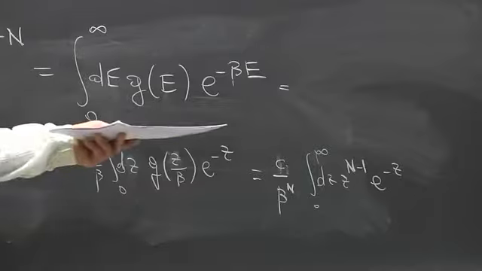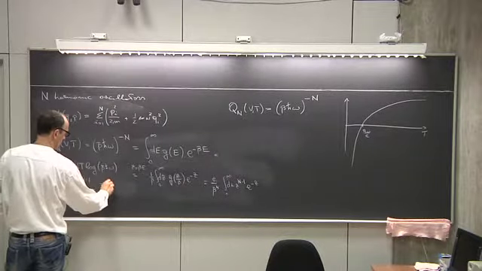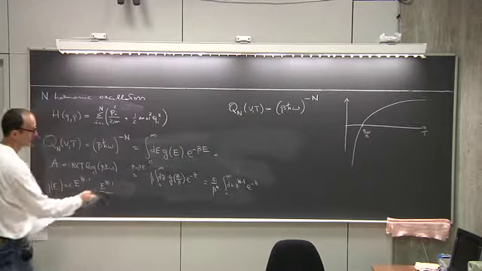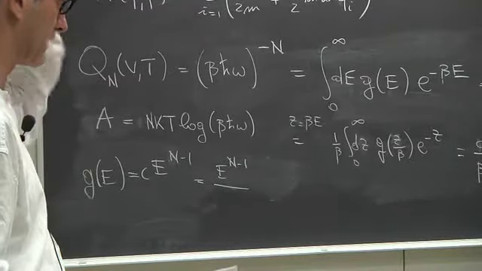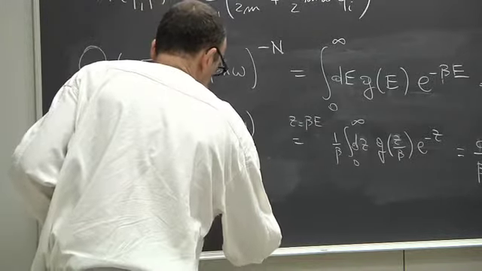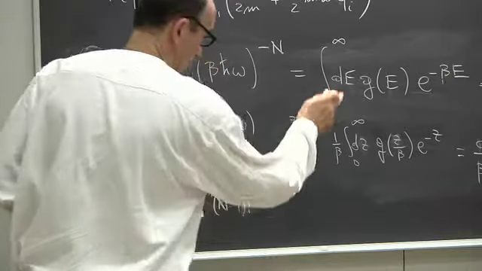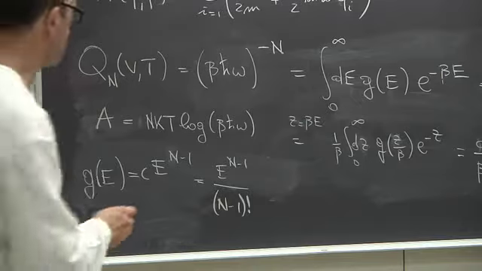Then you get that the constant there must be proportional to the gamma of n, which is n minus 1 factorial, or to 1 over n minus 1 factorial.